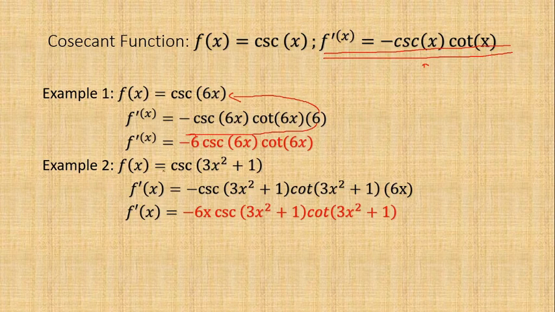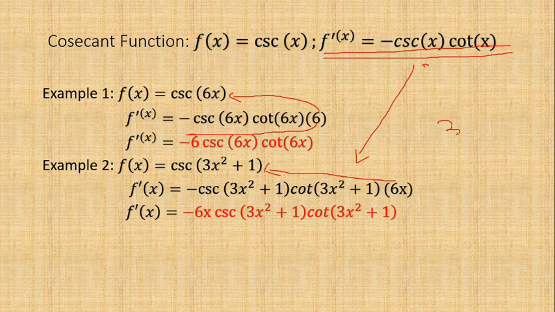Example number 2, f of x is equals to cosecant of 3x squared plus 1. Okay? By following again this rule, negative cosecant 3x squared plus 1, kopyahin lang, cotangent 3x squared plus 1, then derive 3x squared plus 1.